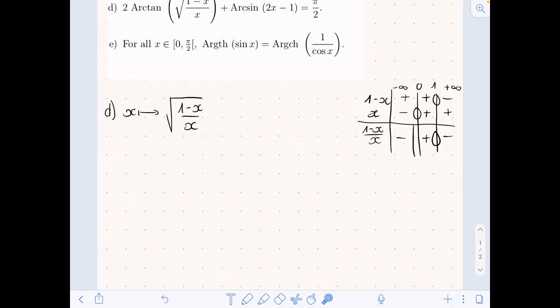And so we need to restrict ourselves to the interval 0, 1. So that's defined and continuous on, so 0 you have to exclude, and 1 you can take.